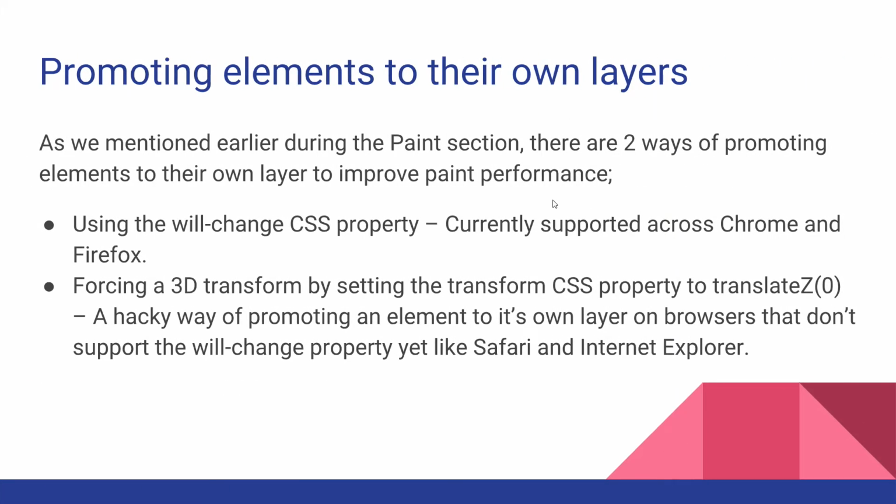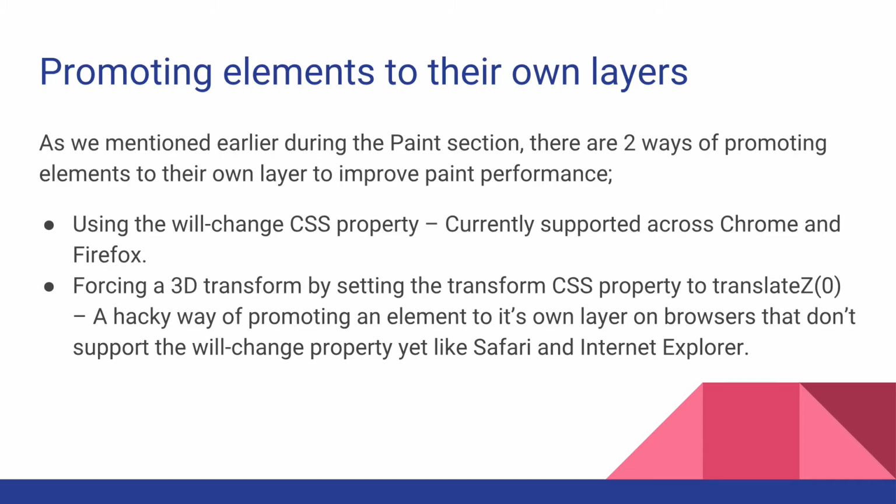There's an easy way of relying on compositing to make the painting process easier. There are ways that you can promote an element to its own layer, and this is what allows it to have even faster performance when doing any kind of layout or paint changes.